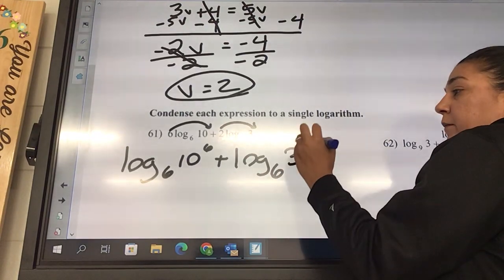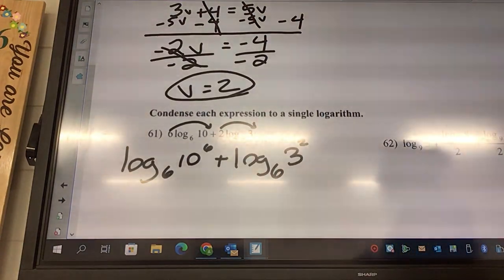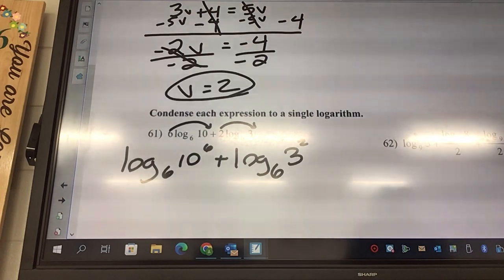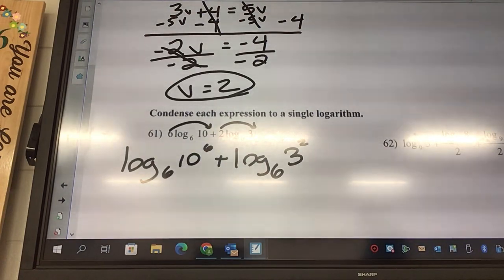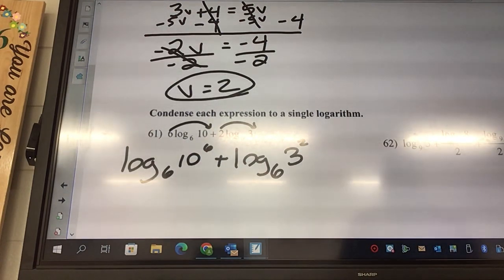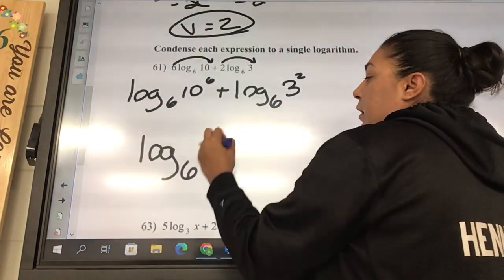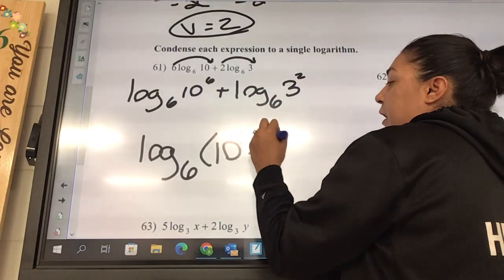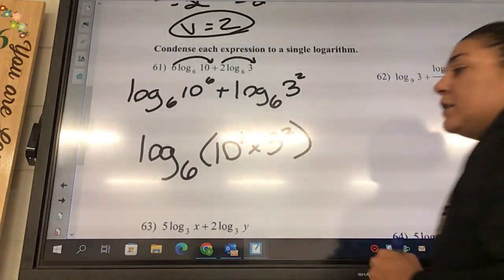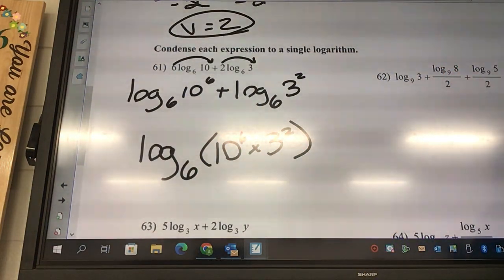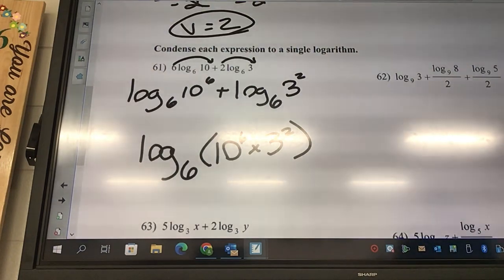Three to the 2. Okay, what does addition go with? Multiplication. Okay, so now we can say log 6 of 10 to the 6th times 3 to the 2. See how it says only log 6 one time? That means you have condensed it down to a single log.